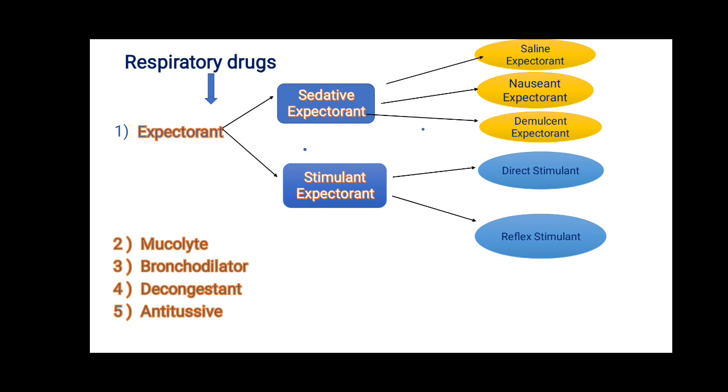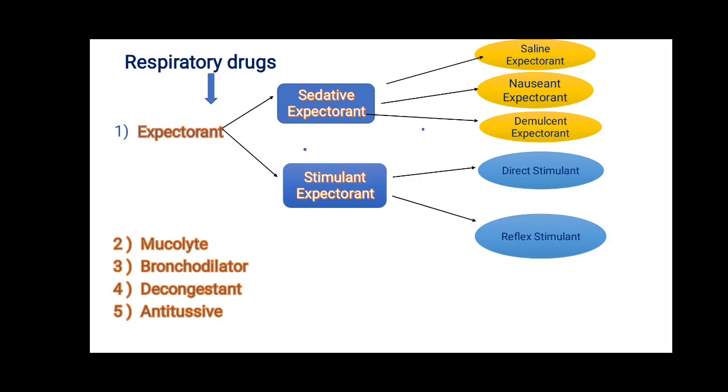Expectorants are classified into two types: the first one is sedative expectorant and the second one is stimulant expectorant. Sedative expectorants are further classified into saline expectorant, nascent expectorant and demulcent expectorant, and stimulant expectorants are classified into two types, that is direct stimulant and reflex stimulant.